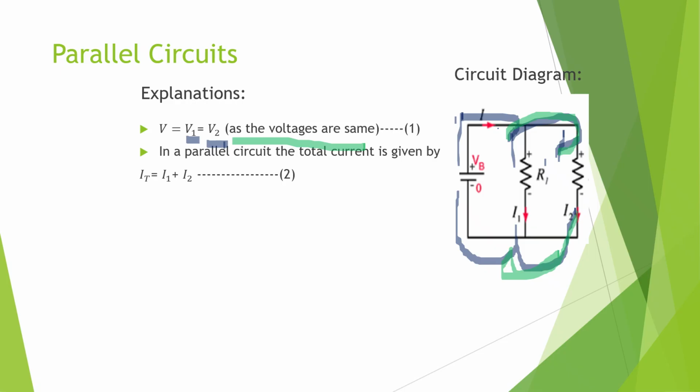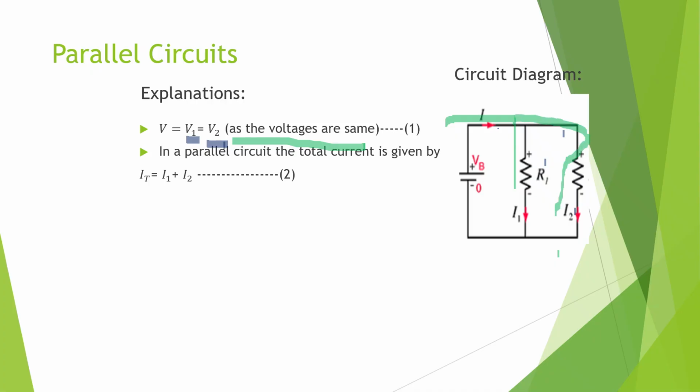We will see what the current is here. Let us assume the total current I is branched into I1, and similarly some current flows through R2.